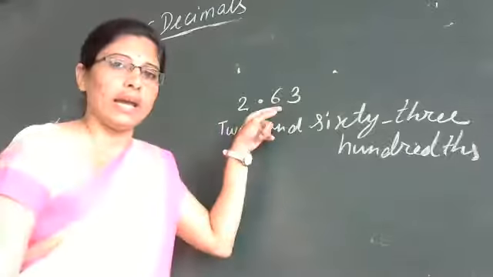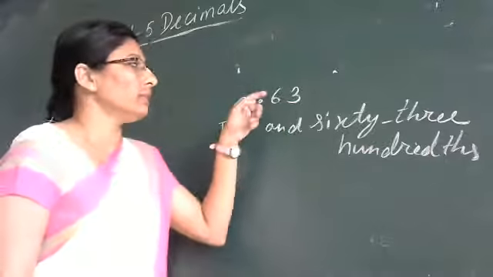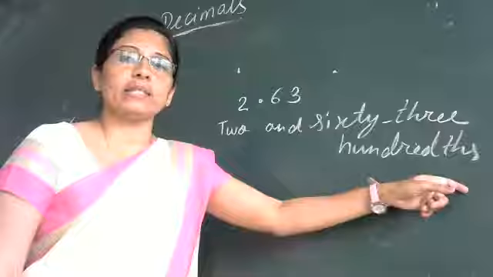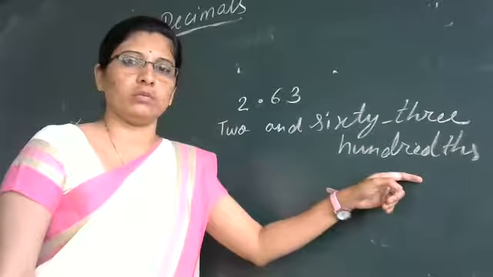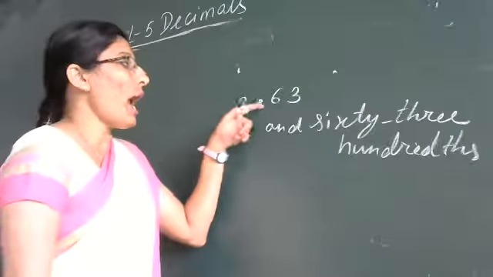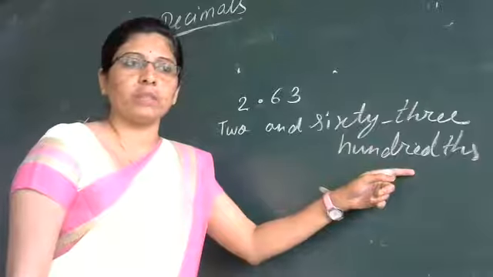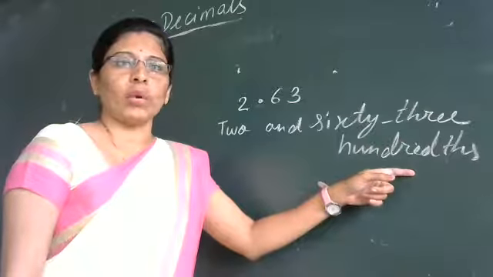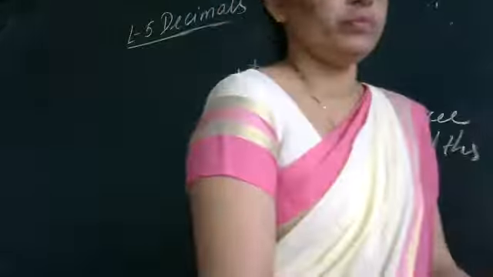Whenever two digits are there, we have to read it as the full number, 63 hundredths. We have to write the place of that number. Okay. So it will become 2 and 63 hundredths.